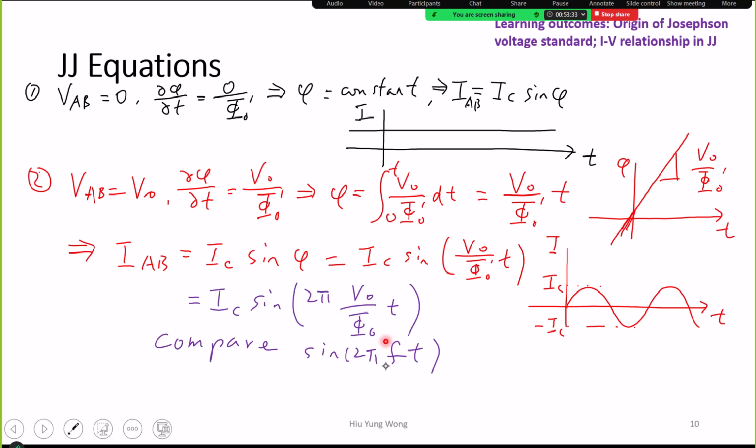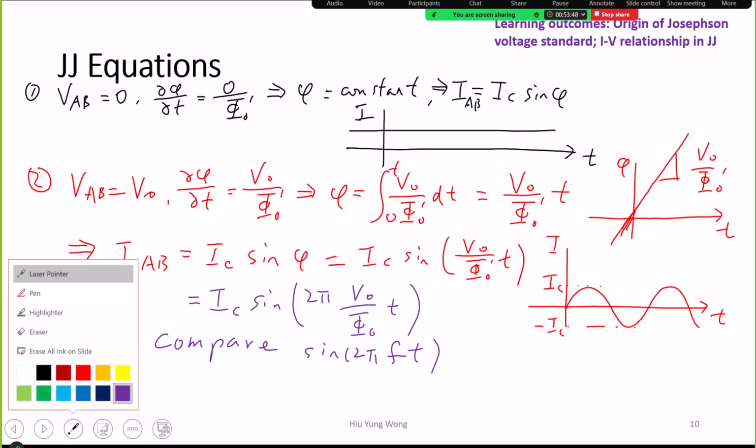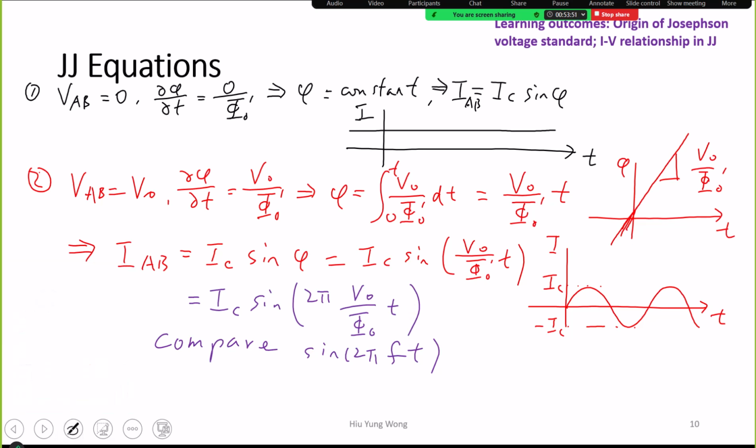Do you see that? If I have a sinusoidal signal with frequency f, it is sine 2 pi f t, or omega t, right? And this is 2 pi times this guy times t. So what does it mean? It means it oscillates. The frequency equals V0 divided by phi naught. Okay?